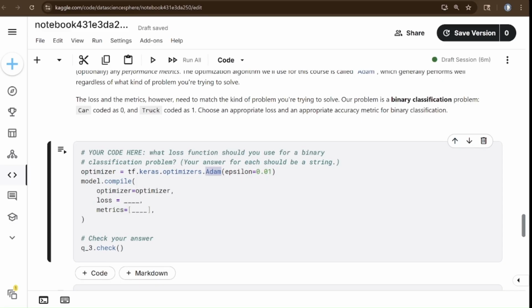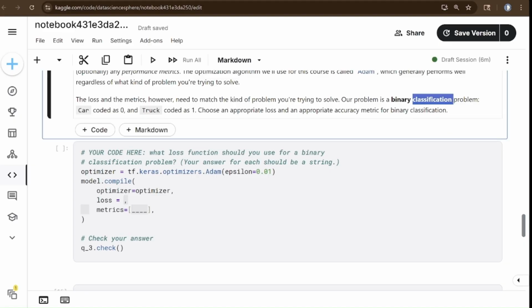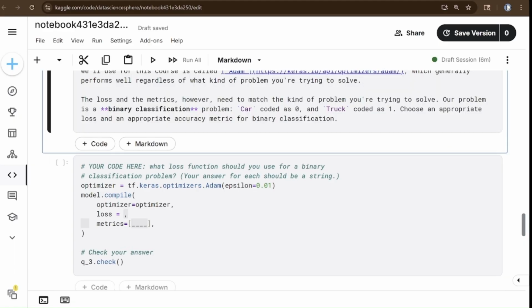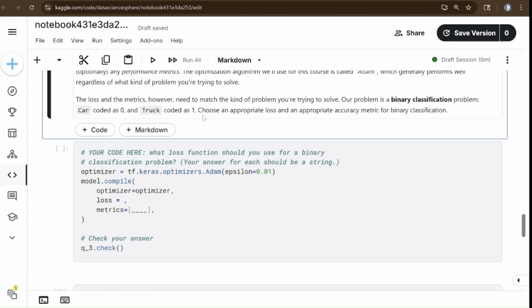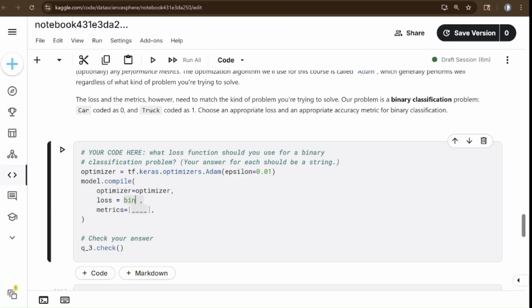So the loss is, let's give, our problem is a binary classification problem. So the car is coded as 0 and the truck coded as 1. So choose an appropriate loss and appropriate accuracy metric. So binary classification means we give binary cross entropy.